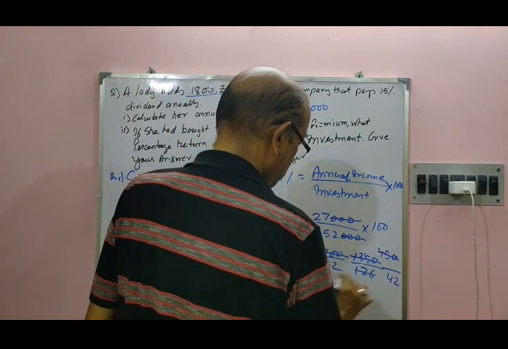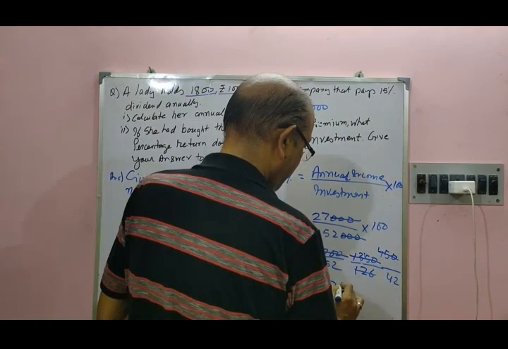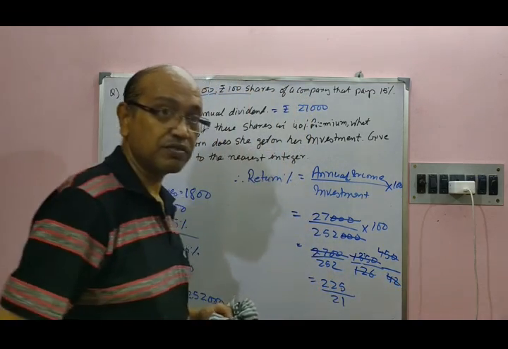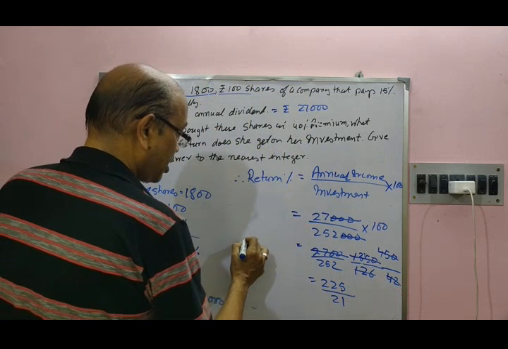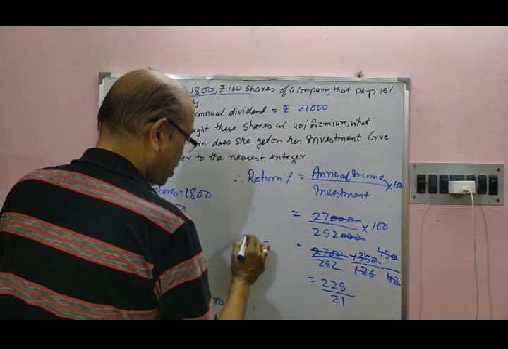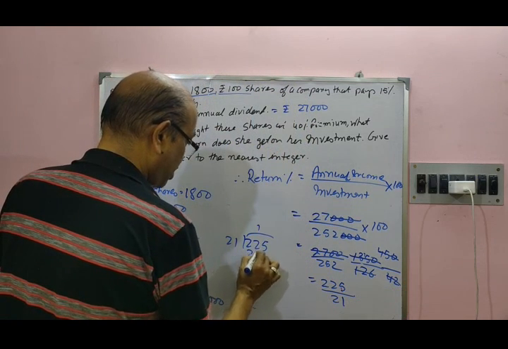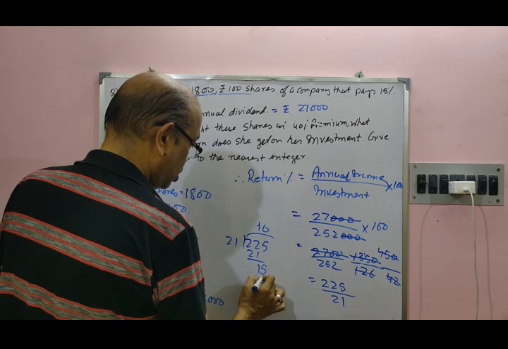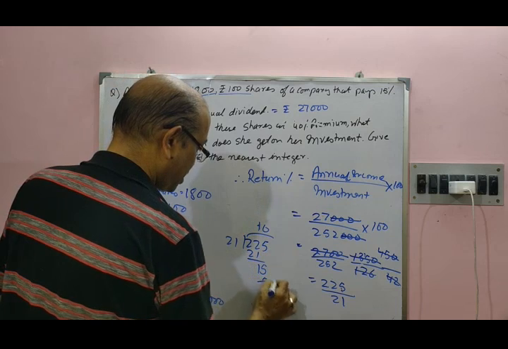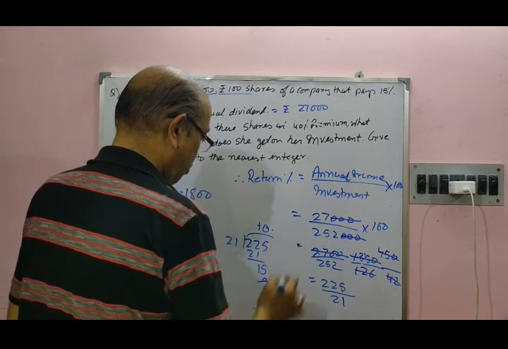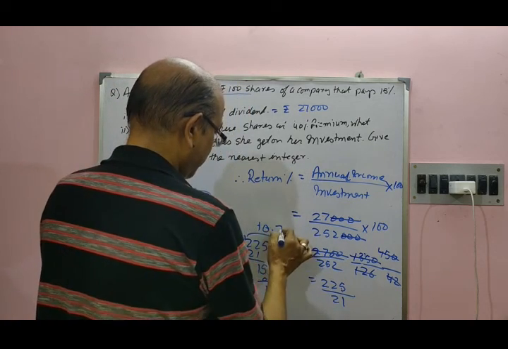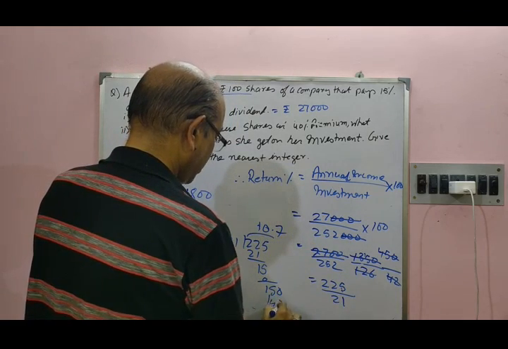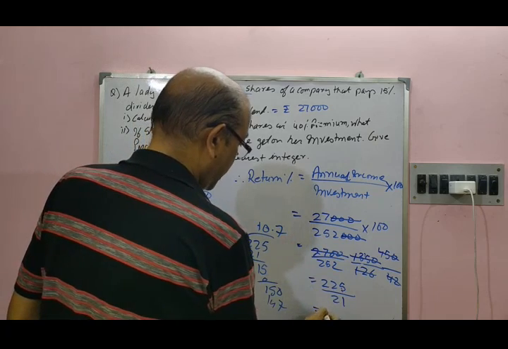Again 225 by 21. Now divide 225 by 21. 21 ones are 21, 15, 150, 150, 147. So it is around 10.7.